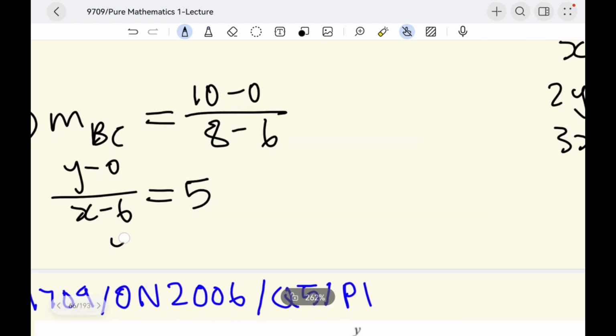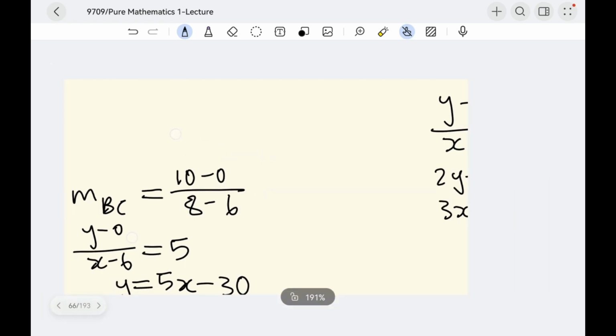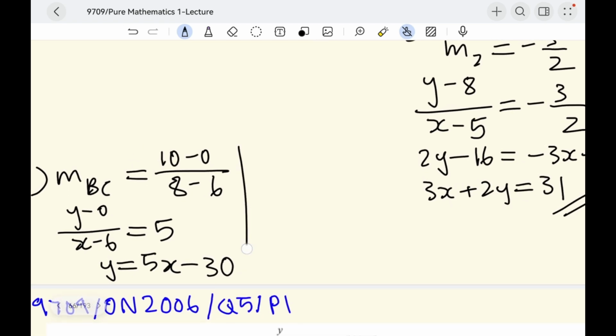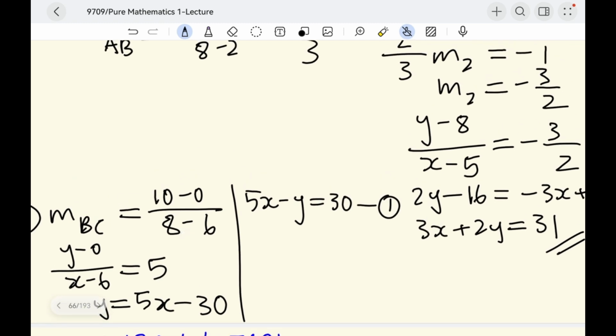So that means the equation of BC should be 5y equals 5x minus 30. Okay, and if you want to change into the general form, I should get 5x minus y equals 30. Here is your equation 1. And where is your equation 2?